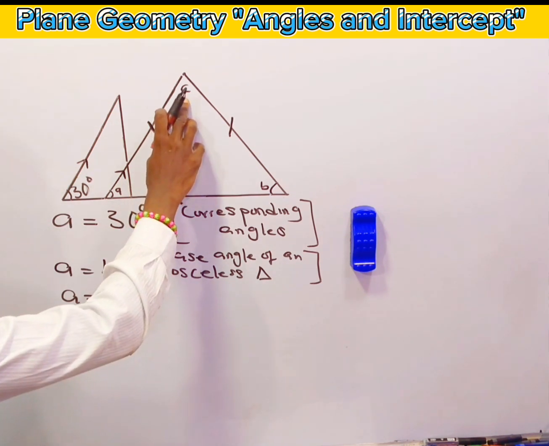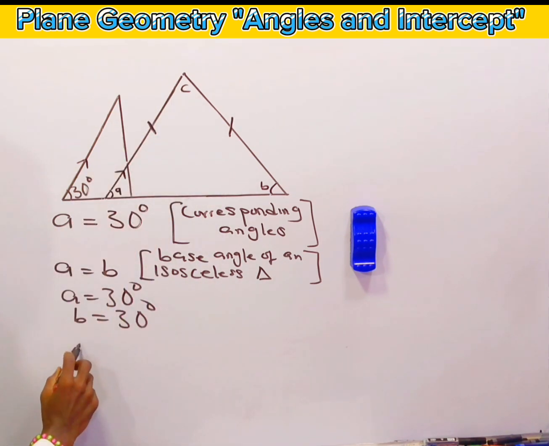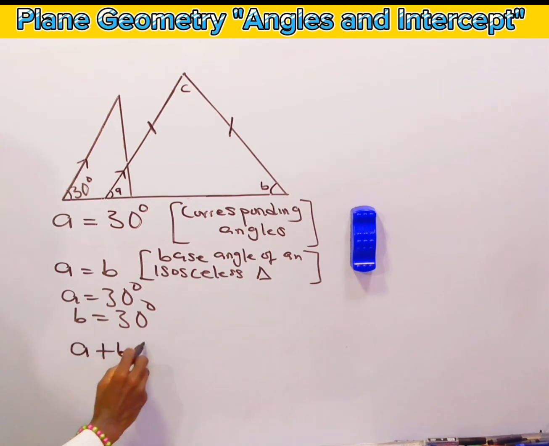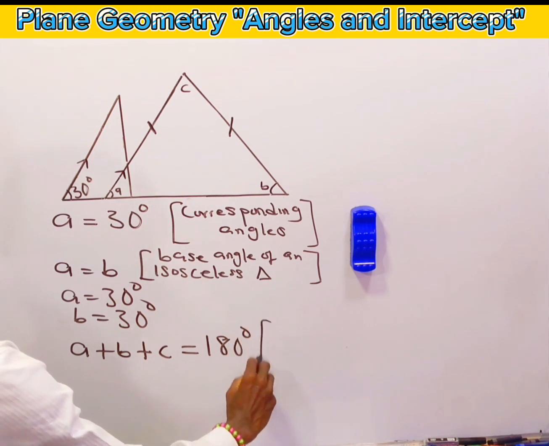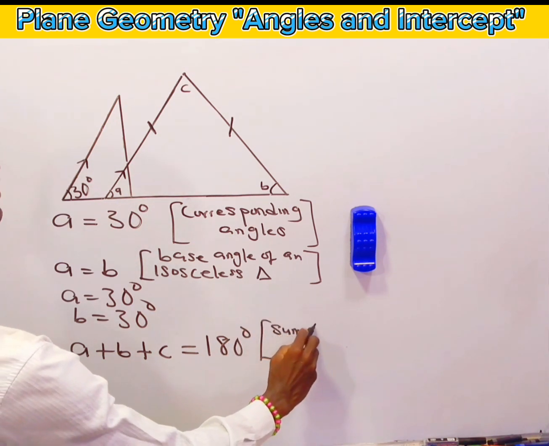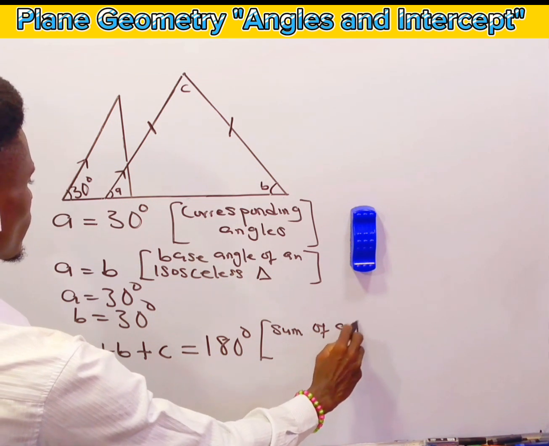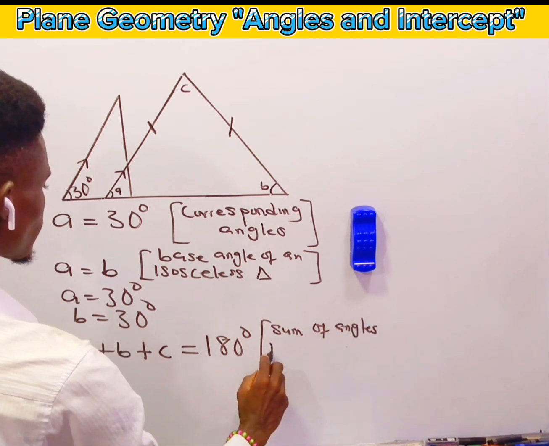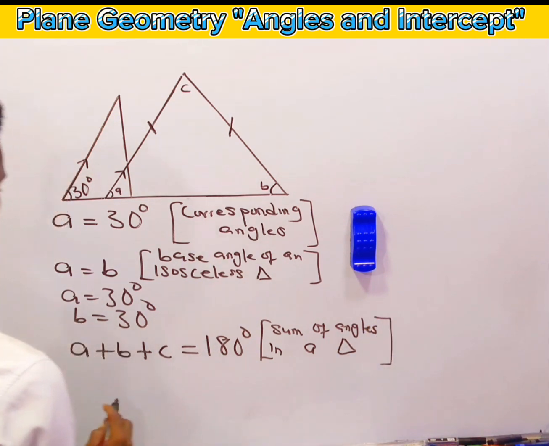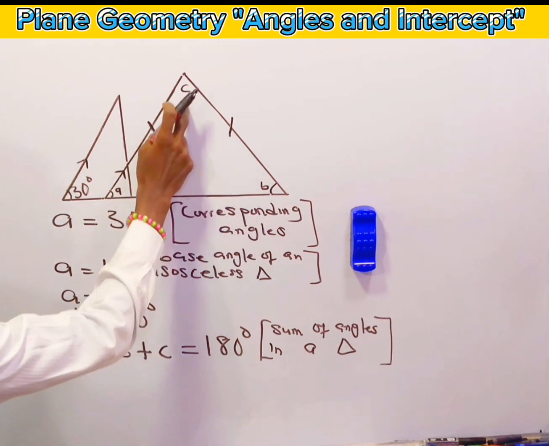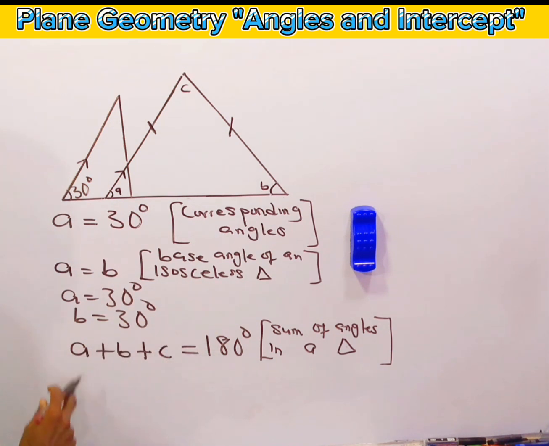Now, how do we find C? To find C, we simply say A plus B plus C is equal to 180 degrees. Reason: sum of angles in a triangle. What is A? A is 30 degrees. What is B? B is 30 degrees.